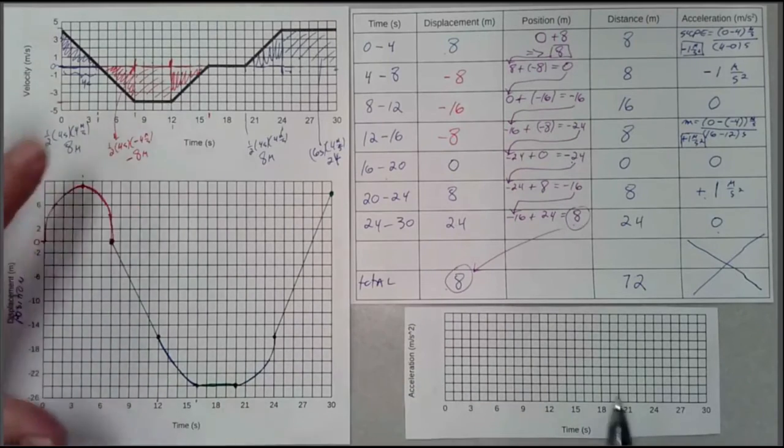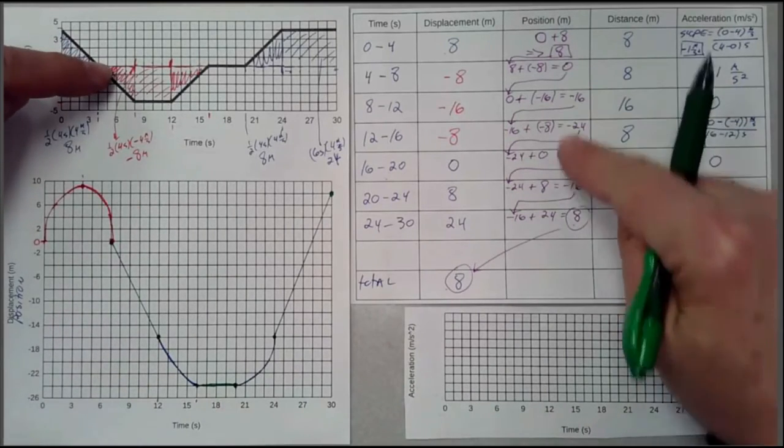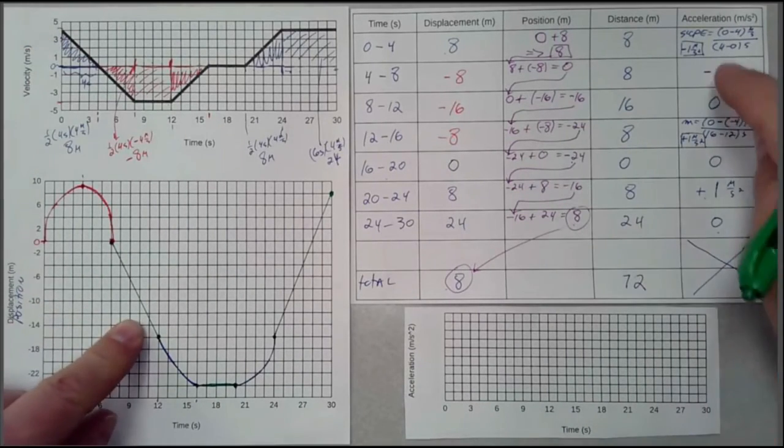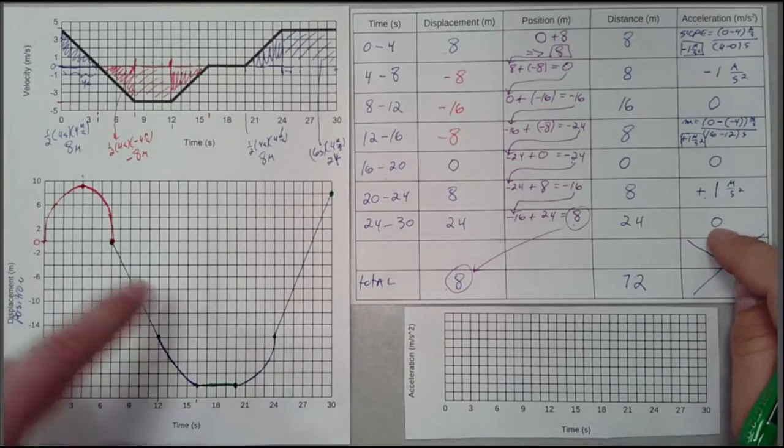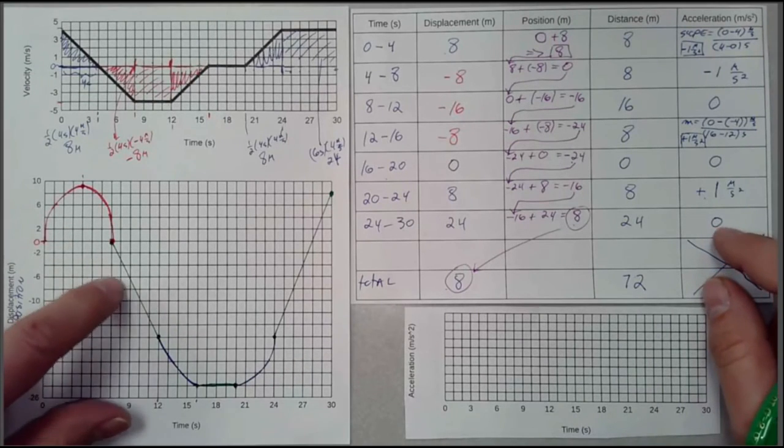So those are your steps, taking this information and graphing it, and showing the correct accelerations and segments that have constant velocity, okay?